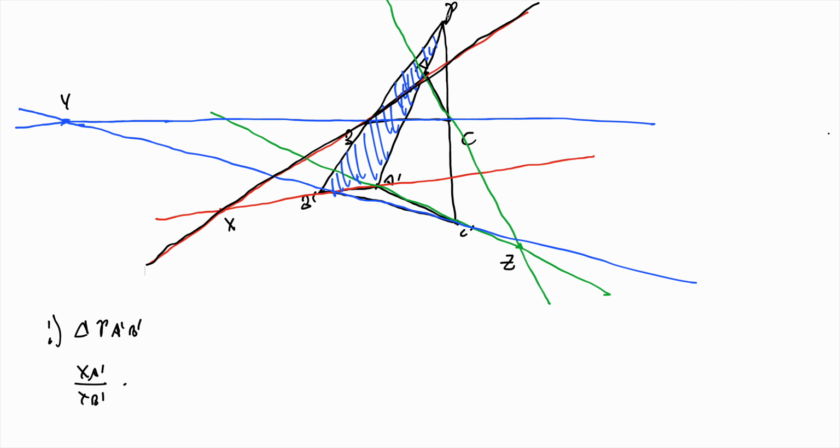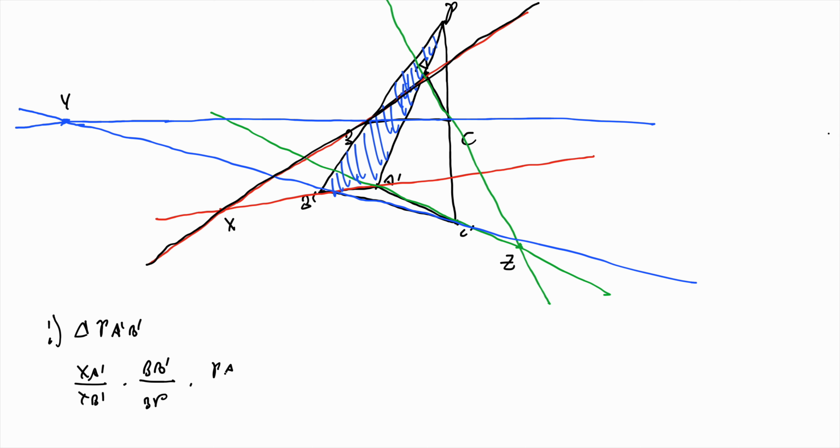Now if we consider them as this, and that, then we have this over that, and we have B, B prime over BP times CA, so we have that and that.